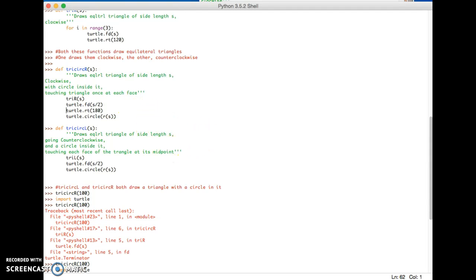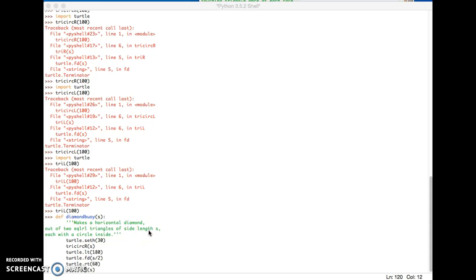So anyway, our next function is called diamond buoy, and it makes a diamond shape. It does 2 of those tricirc things, the triangles with circles inside them, to make a diamond. And it's called buoy because it's running like it was floating on wire. It's running horizontal, and the name just stuck.